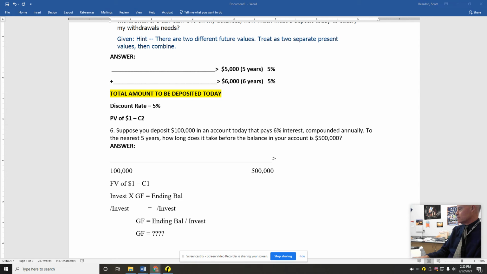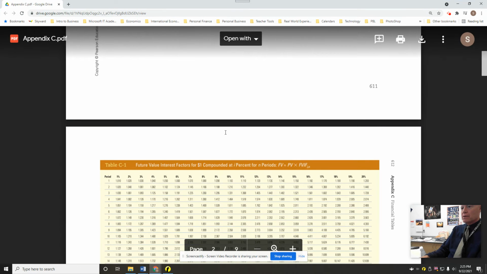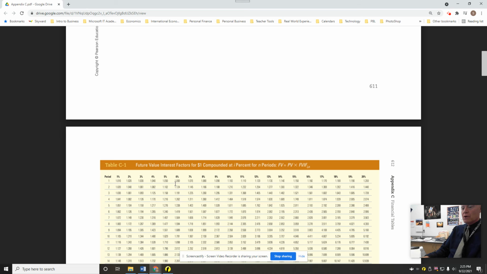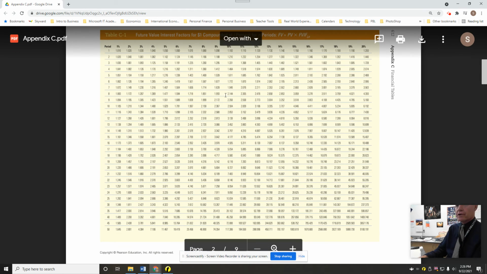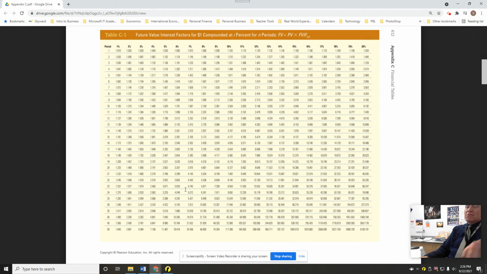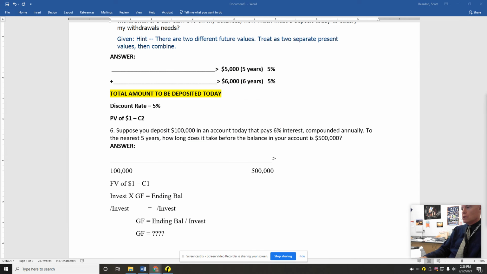So what you need to do is go to table C1 and in the 6% column, find whatever the closest year to that factor is you're calculating. Go down and find that factor, get within the nearest 25 years or years of how long it's going to take for money to grow from 100,000 to 300,000. Okay. All right.